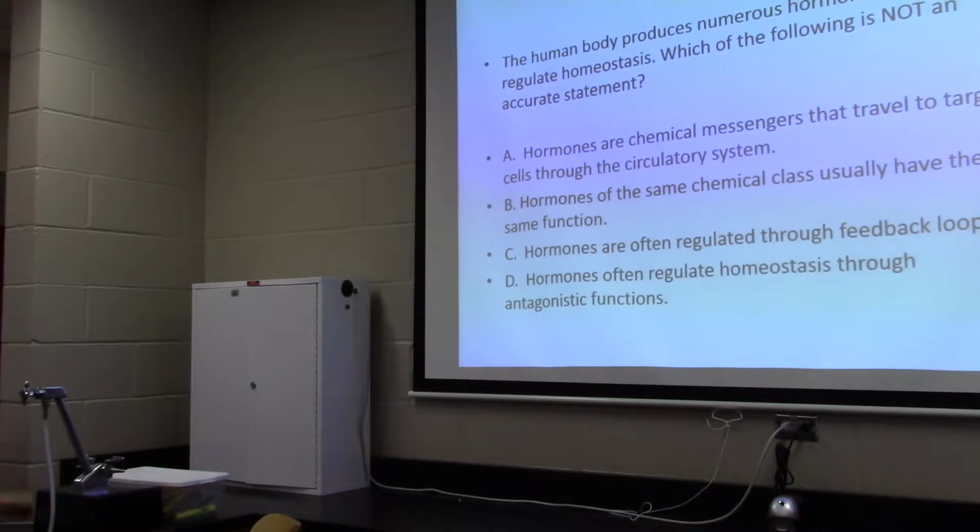Hormones are chemical messengers that travel through the circulatory system, right? That's what makes a hormone a hormone. There's a whole session today on feedback loops. Most hormone concentrations are regulated by feedback loops. Hormones often regulate homeostasis through antagonistic functions. Take blood sugar for a minute. What does insulin do to your blood sugar?